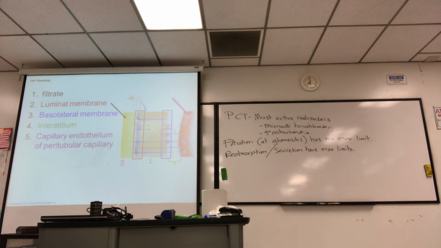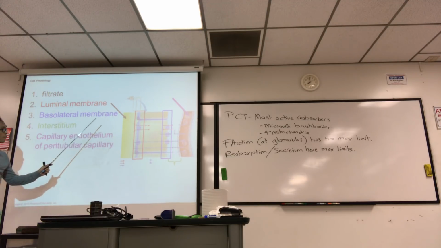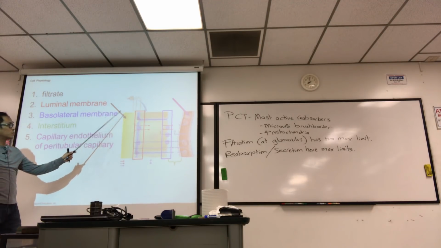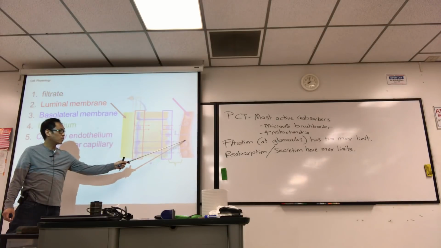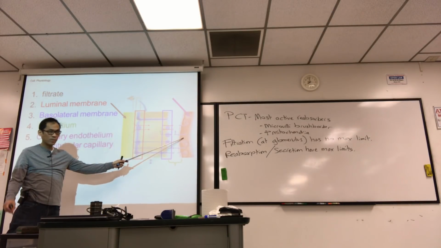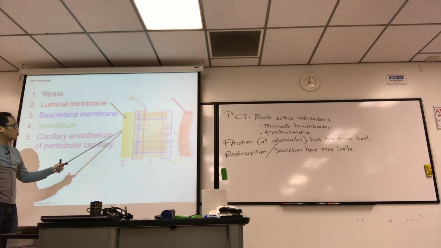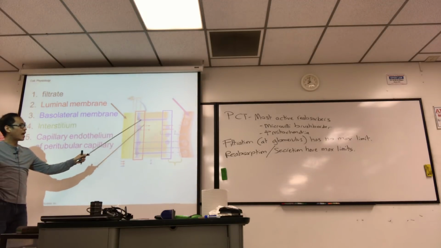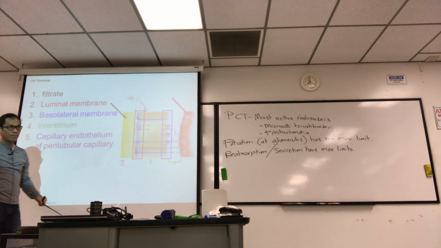So the reality is for the cell in the PCT, and this kind of holds true for any part of the nephron, if you're going to move something from the filtrate to the blood into a capillary, whether it be peritubular or vasa recta, you have to move it through this membrane and that membrane. Of course, there are proper names.